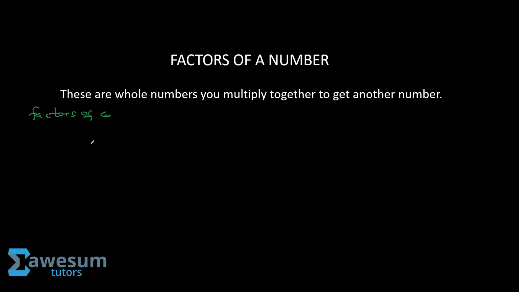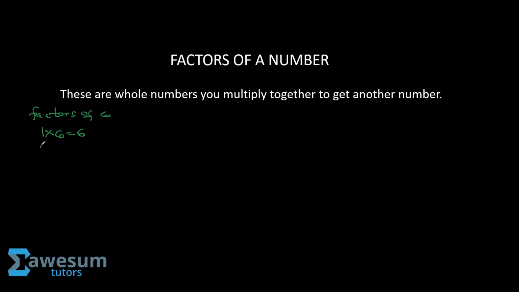Usually, to begin this type of problem, you want to start with 1 and the number itself. If you look at this, 1 multiplied by 6 gives me 6. And then work your way up.